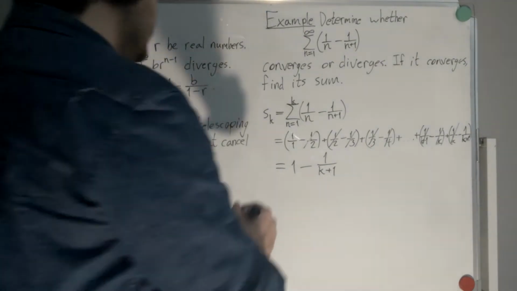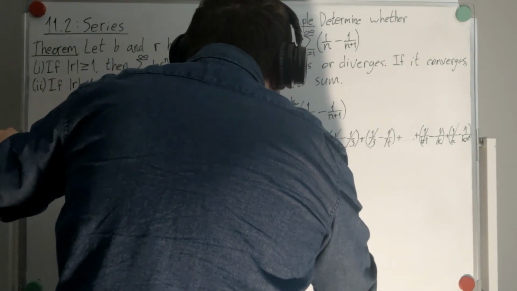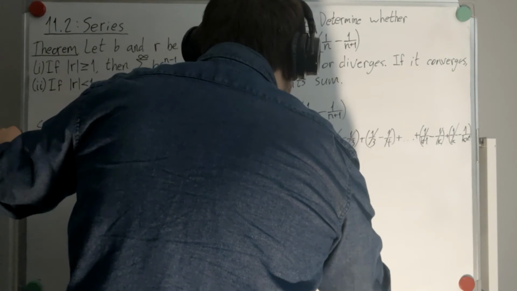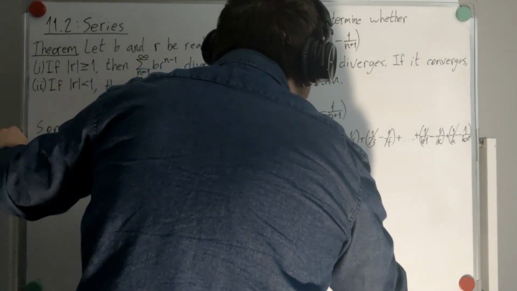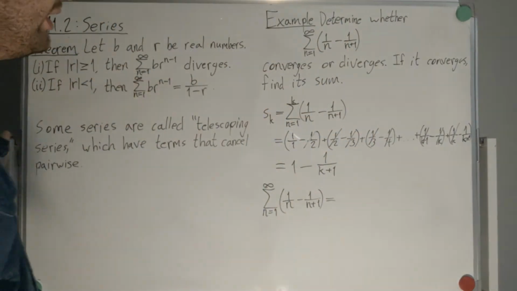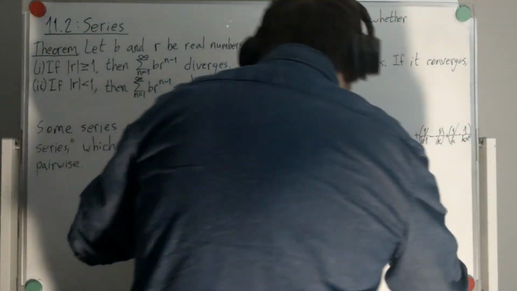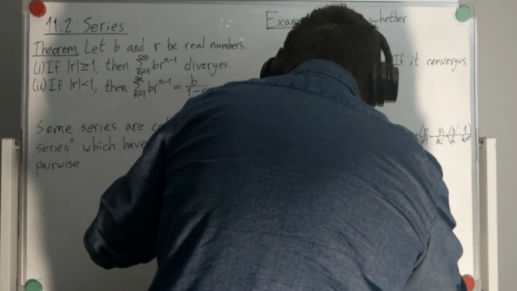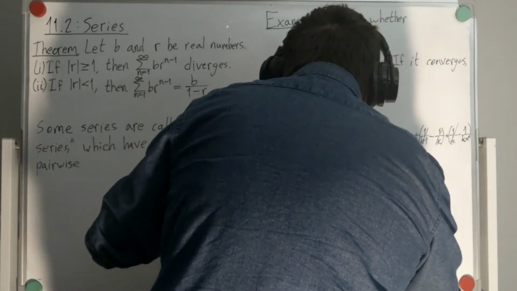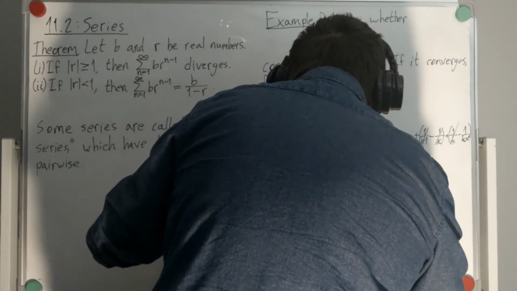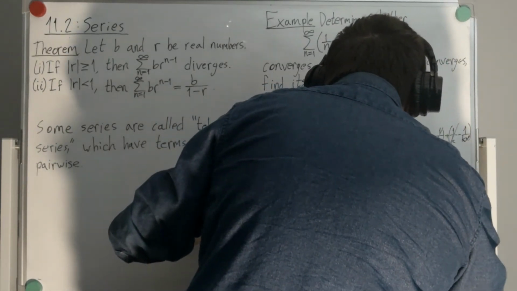So, by definition, the sum from n equals 1 to infinity of 1 over n minus 1 over n plus 1, well, by definition, that's the limit of the partial sums as k approaches infinity. So that'd be the limit as k approaches infinity of s_k, which in our case is the limit as k approaches infinity of 1 minus 1 over k plus 1.